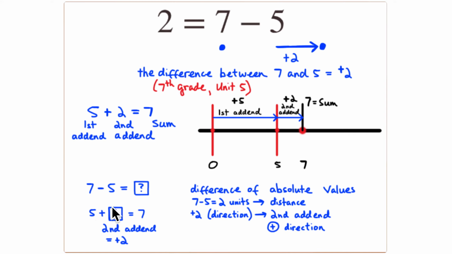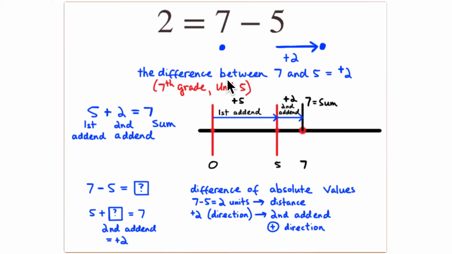So 5 plus some unknown number is equal to 7. So 5 is the first addend, plus some unknown number right here, is equal to the sum of 7. When you ask what's the difference between 7 and 5, that 7 is the sum of this addition problem: 5 plus 2 equals 7.